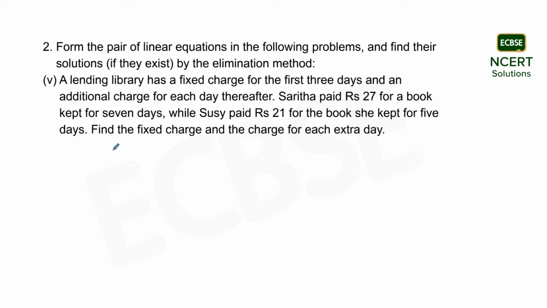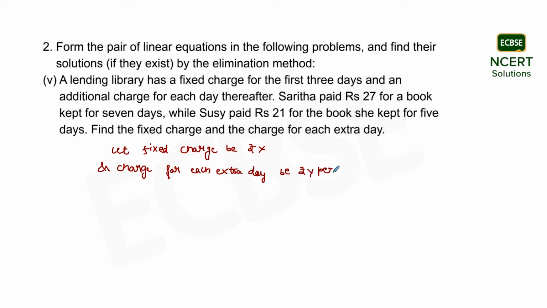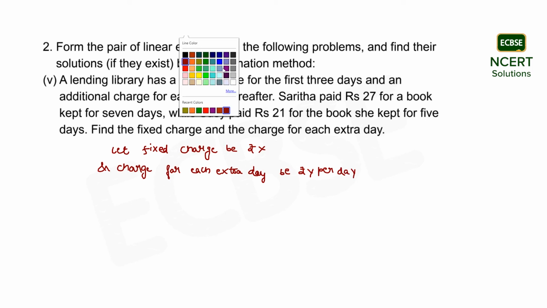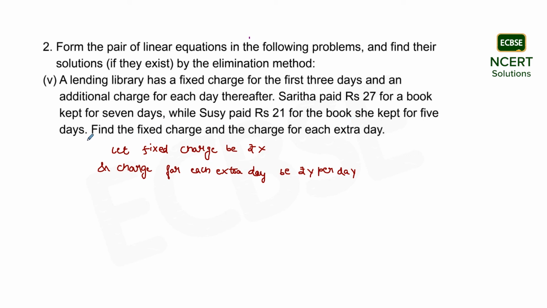In order to solve this question, we will let the fixed charge be rupees x and the charge for each extra day be rupees y per day. Now if we read the question again, it says Saritha paid rupees 27 for a book kept for 7 days, while Susie paid rupees 21 for the book she kept for 5 days.